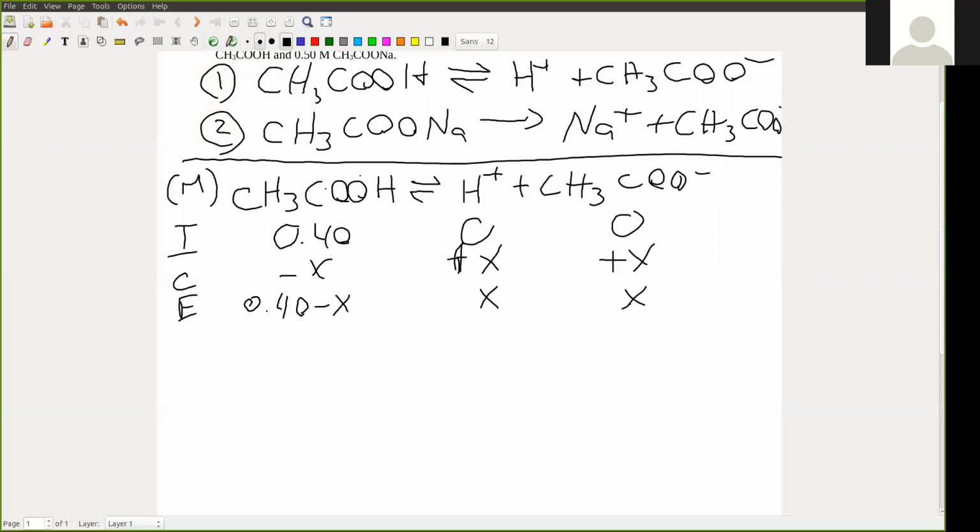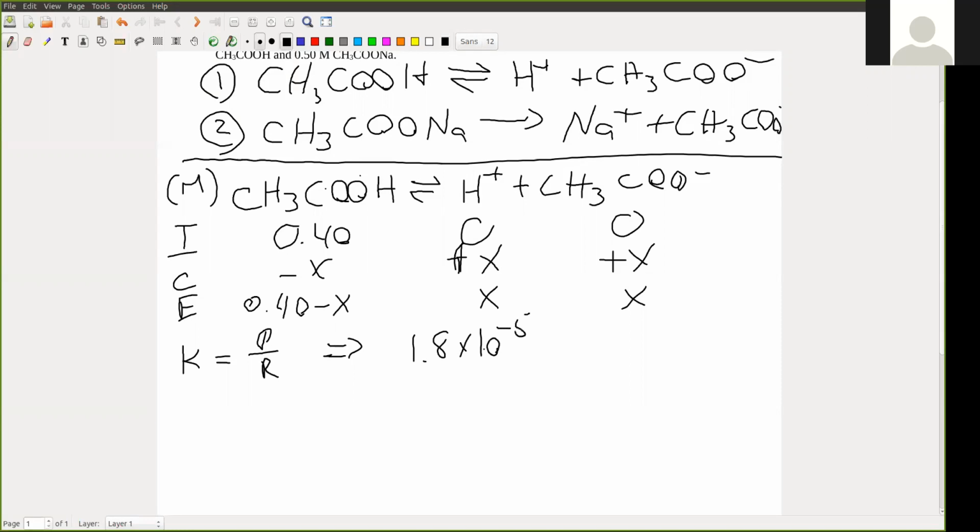Now the Ka of acetic acid is 1.8 times 10 to the minus 5. So we're going to set up K equal to products over reactants. So we have 1.8 times 10 to the minus 5.